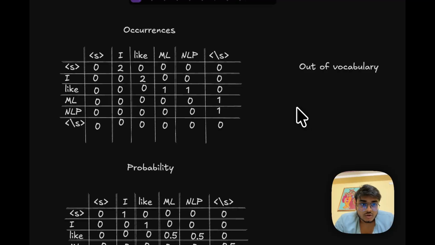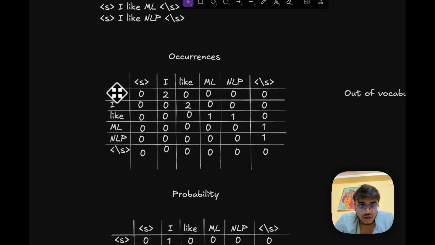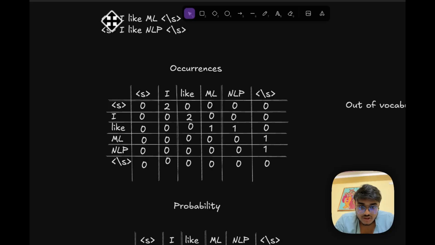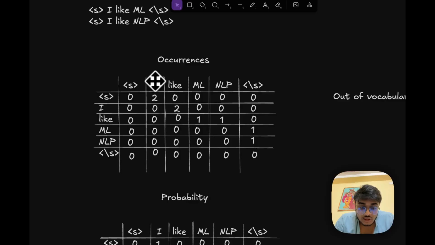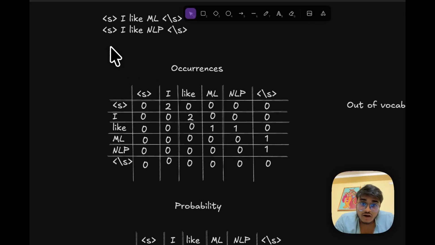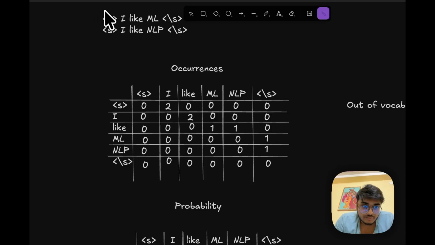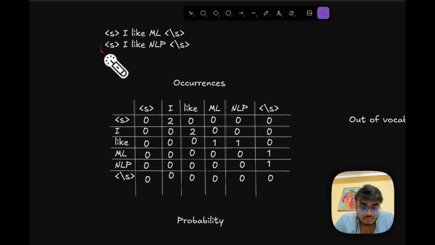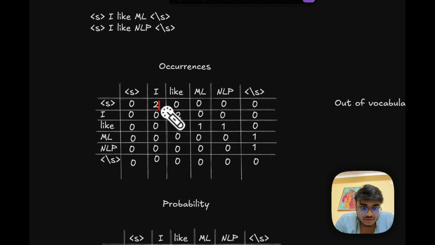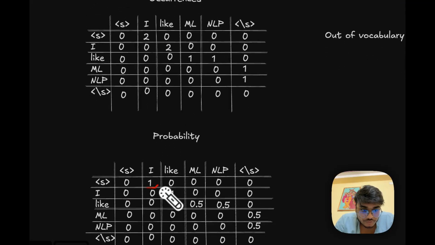Got it? Okay. So I have to divide the number of times the I is occurring after S by the number of times the start of the sentence is coming. The S is coming before I 2 times, so I have to divide this by 2, and I already divided it by 2.